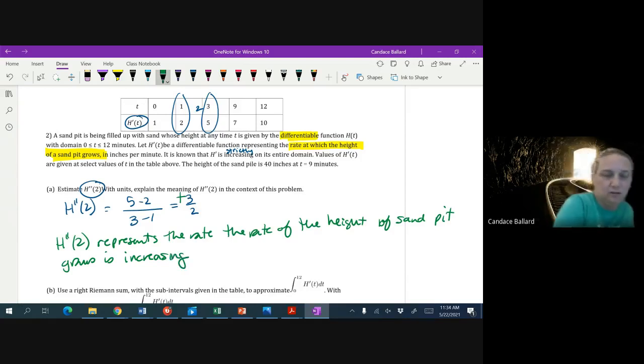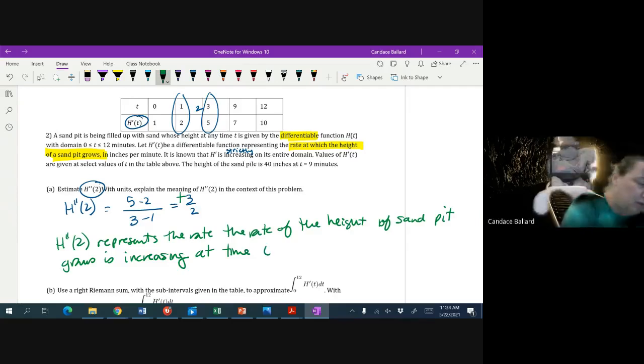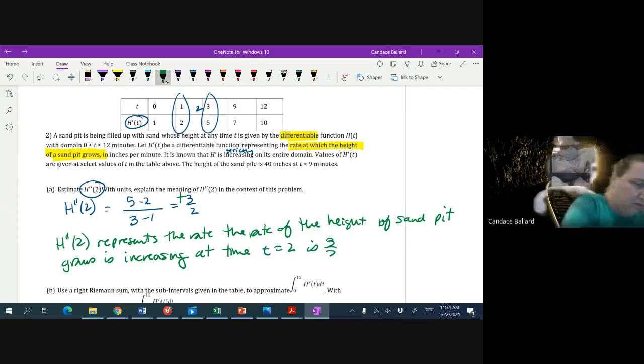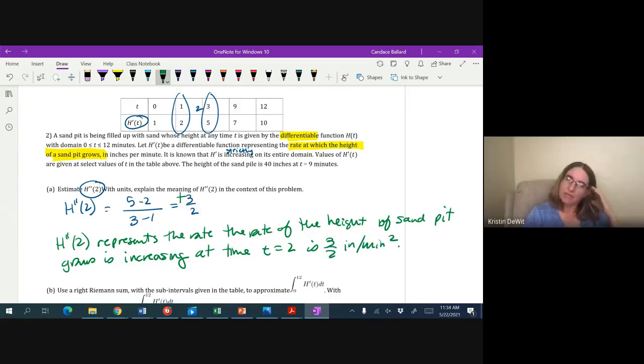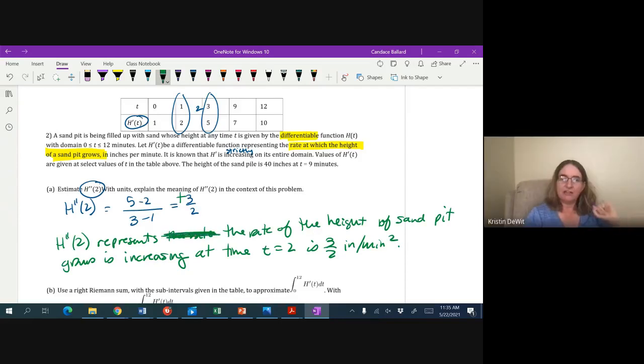That's why I wrote it twice. Time. Do you not like that? I don't think I do. 3/2 inches per minute squared. Because whenever you say the word increasing, you're already talking about that. Yeah, okay, good.